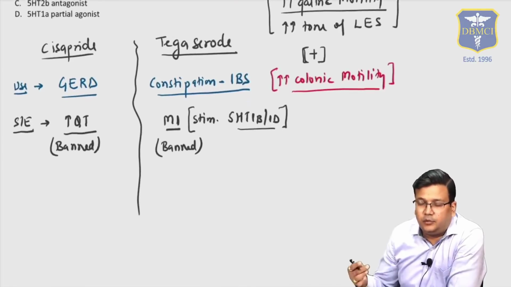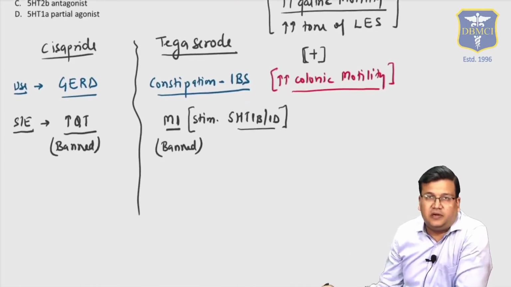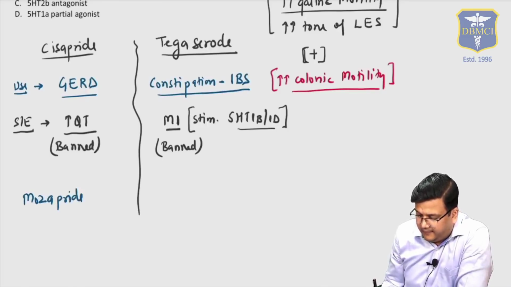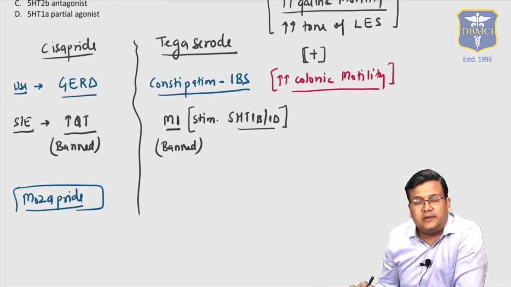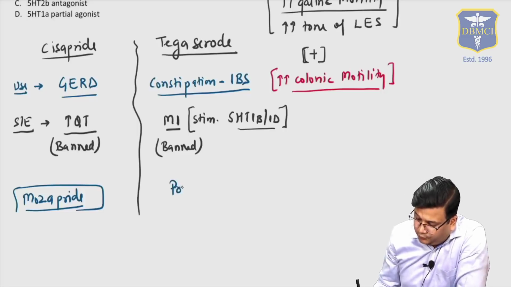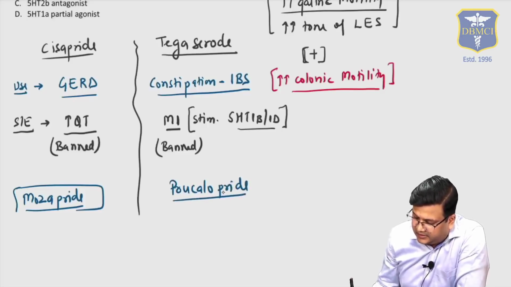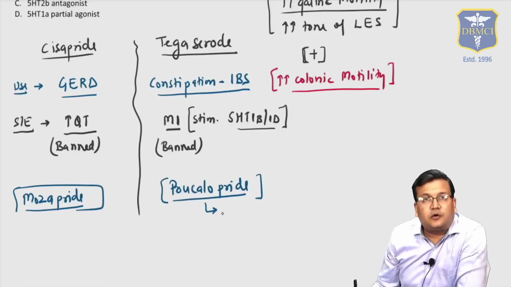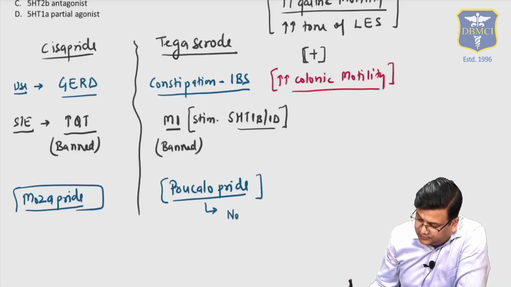Now we have developed new drugs in these categories which are available and used commercially. So mosapride is one such drug which is available commercially in place of cisapride, again for GERD, and prucalopride is the newer drug in the tegaserod family, and this is again used for constipation predominant IBS, but it has no stimulation.